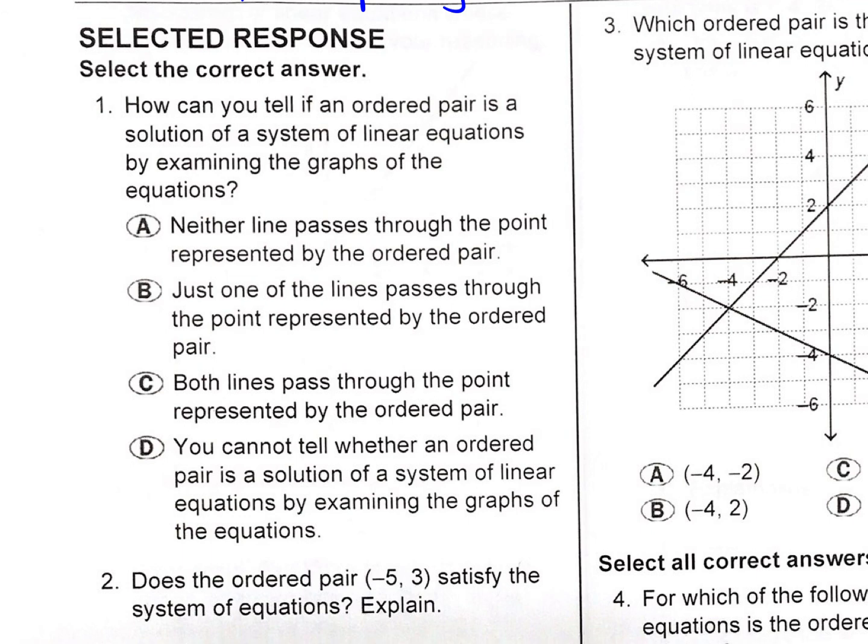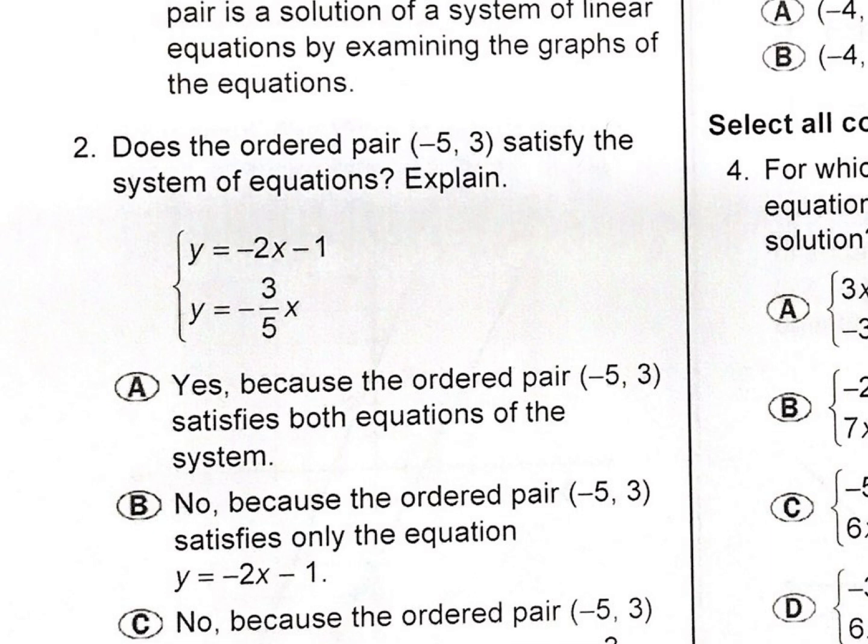And in most cases, it's going to fall on both lines in one place in a one solution answer. So it's just where both lines pass through the point represented by the ordered pair. Sometimes you do have multiple points, which would be where both lines are the same line and you have infinitely many solutions.